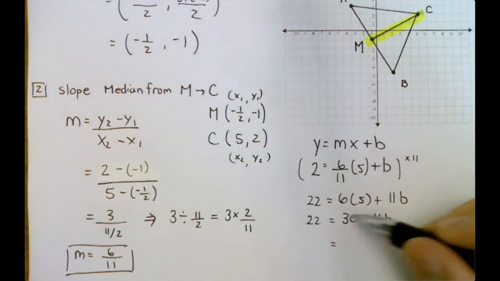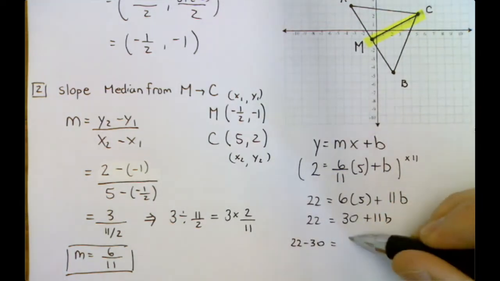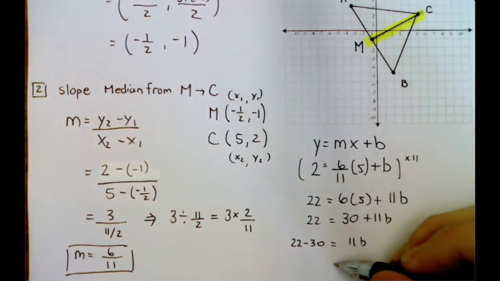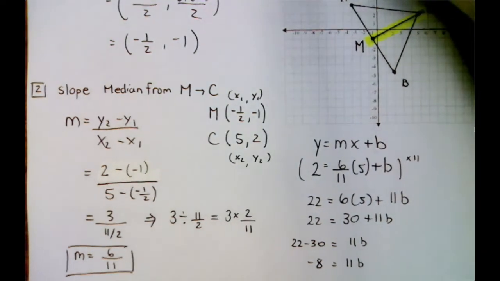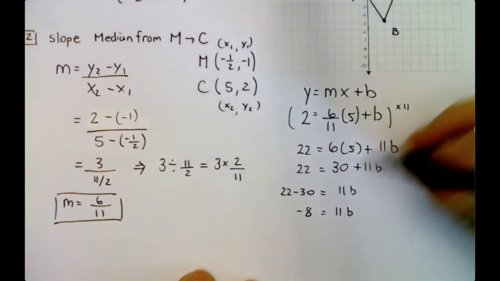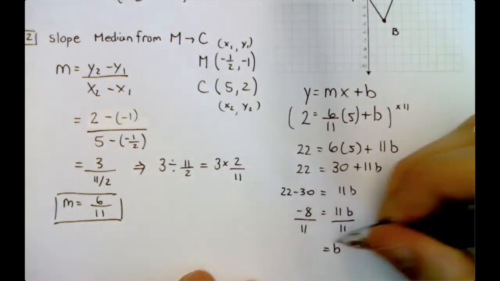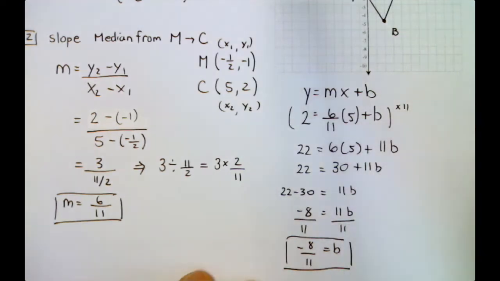To isolate for b, we bring the 30 over. 22 minus 30 is 11b. 22 minus 30 is negative 8. And our last step to get b by itself, divide by 11. We get b is negative 8 over 11.